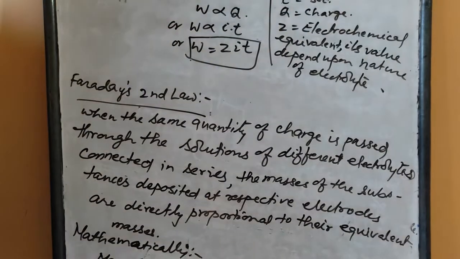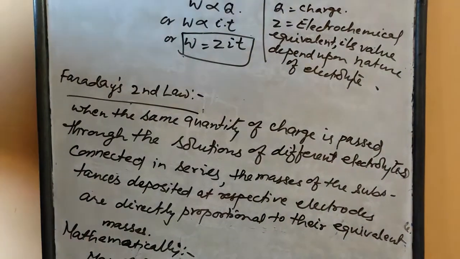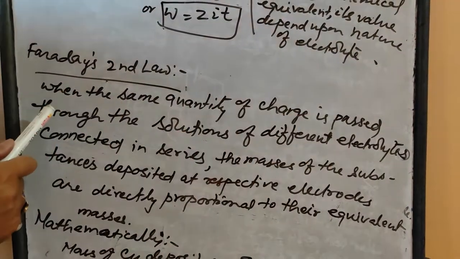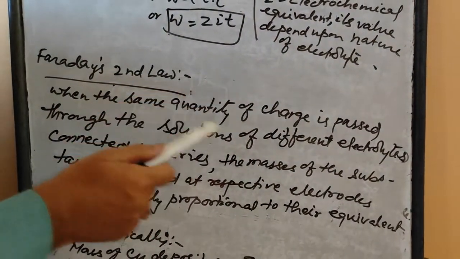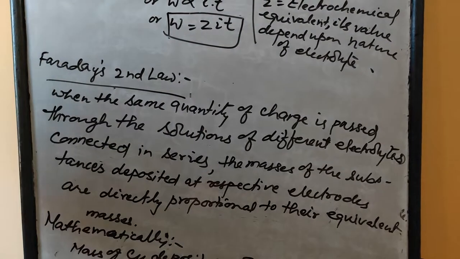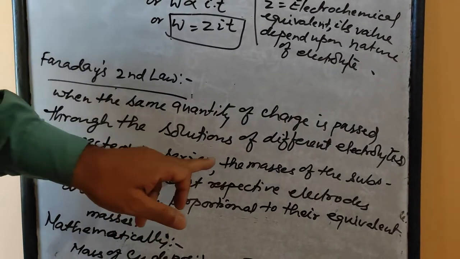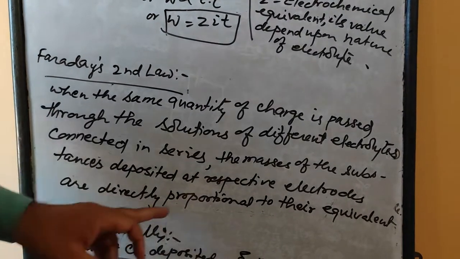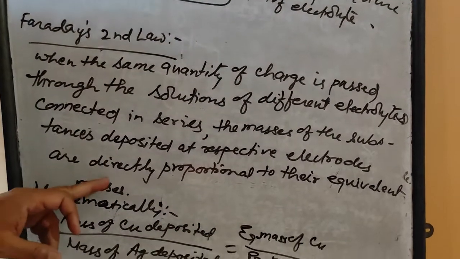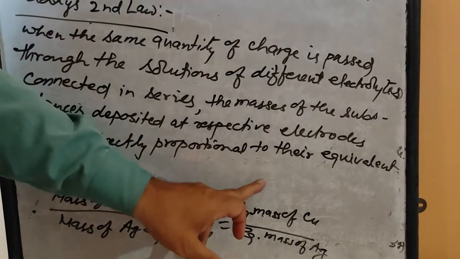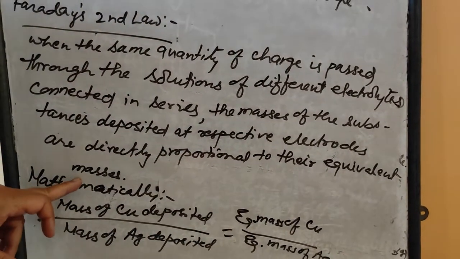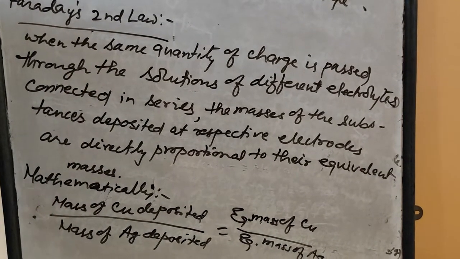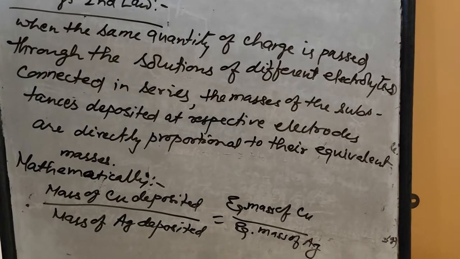Then what happens to the deposition? When the same quantity of charge is passed through solutions of different electrolytes connected in series, the masses of the substances deposited at the respective electrodes are directly proportional to their equivalent masses. If the equivalent mass is more, then the amount of substance deposited is more.